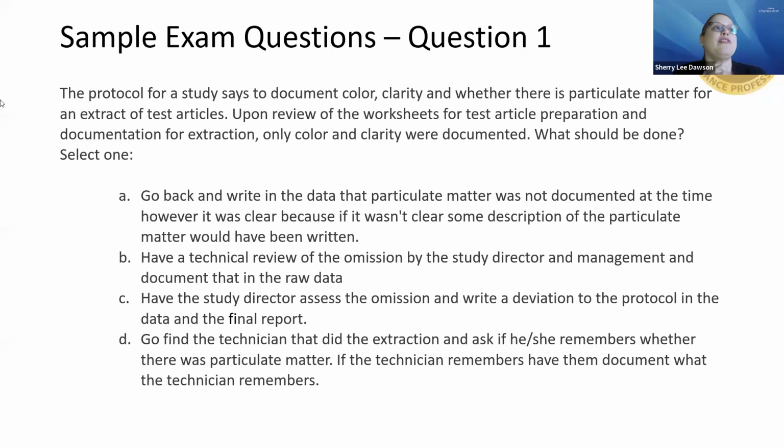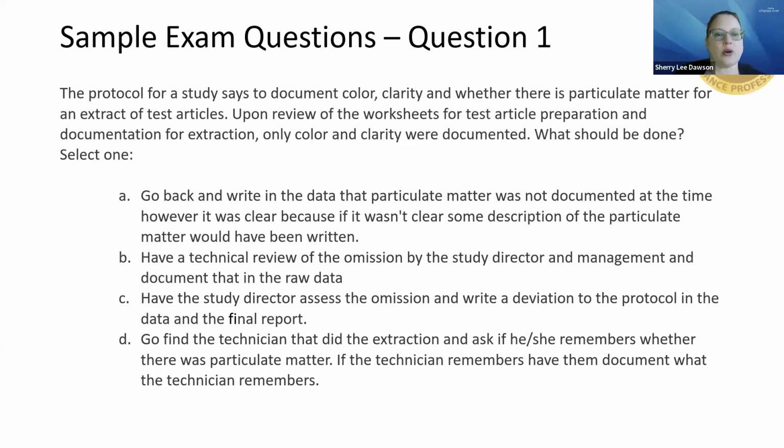The protocol for a study says to document color, clarity, and whether there's particulate matter for an extract of test articles. Upon review of the worksheets for test article prep and documentation for extraction, only color and clarity were documented. What should be done? Select one. A: Go back and write in the data that particulate matter was not documented at the time. However, it's clear, because if it wasn't clear, some description of the particulate matter would have been written.